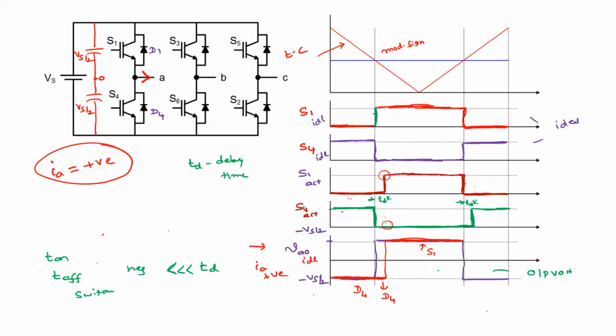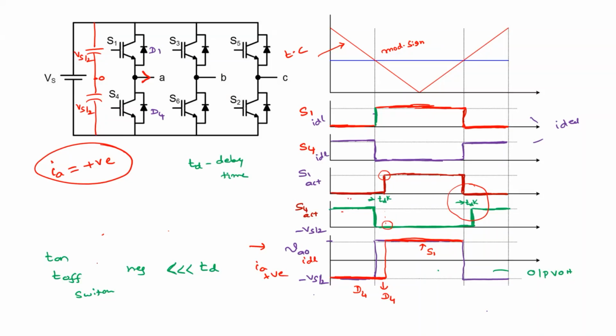So during this period, S1 is turned off. S4 is supposed to turn on, but it is delayed. Now what will happen? How is the current maintained?